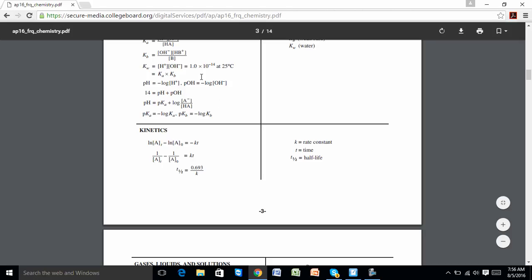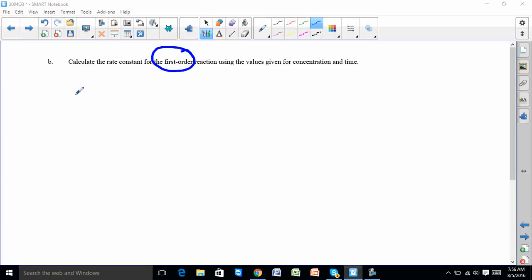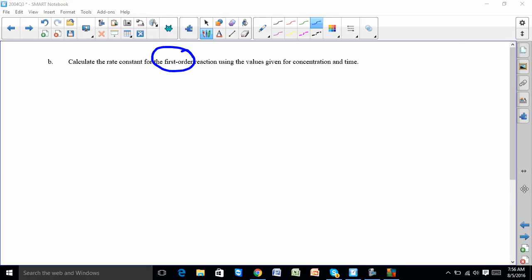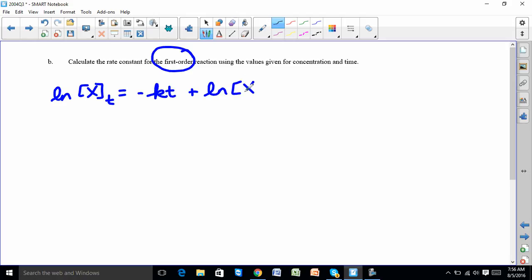And so what happens here is once you know it's first order, you know over and over again we have to use this equation, which is the ln of x, and I'm going to switch to x because they're calling it species x, equals negative kt plus the ln of x sub 0, which means the initial concentration of x, which we just calculated.